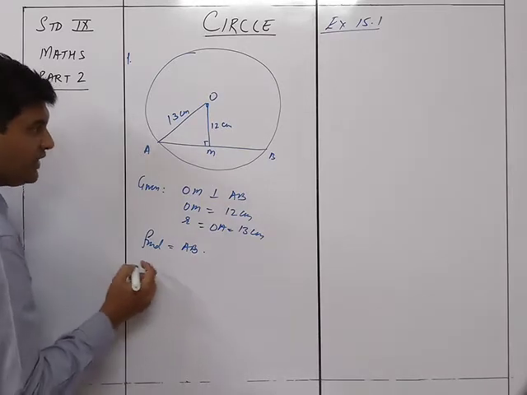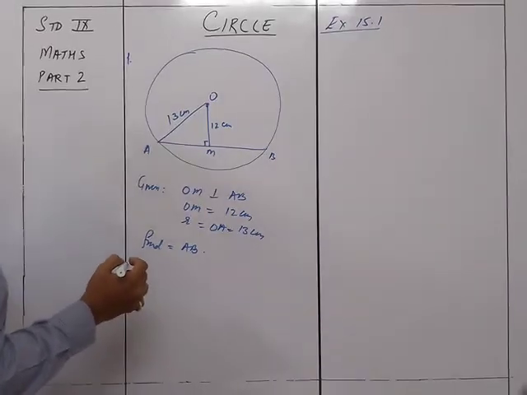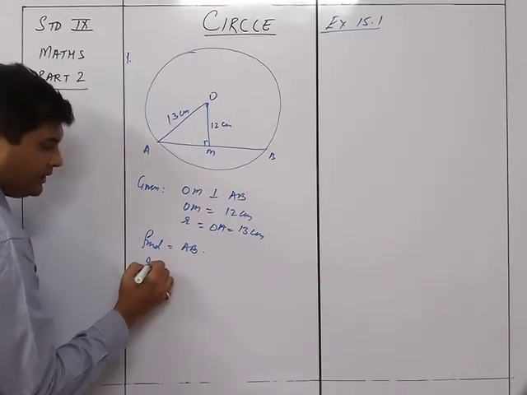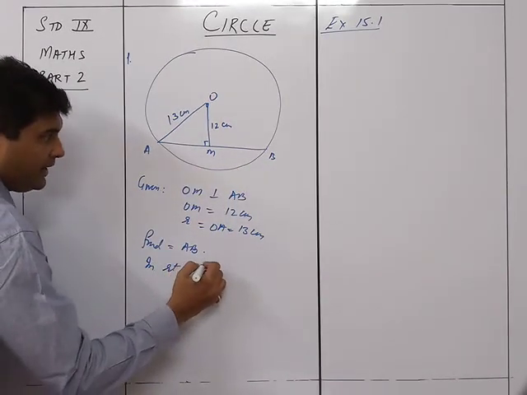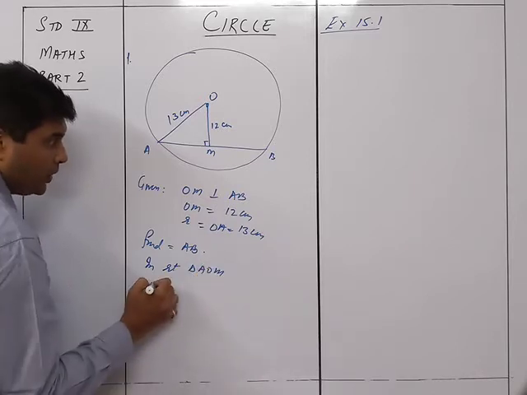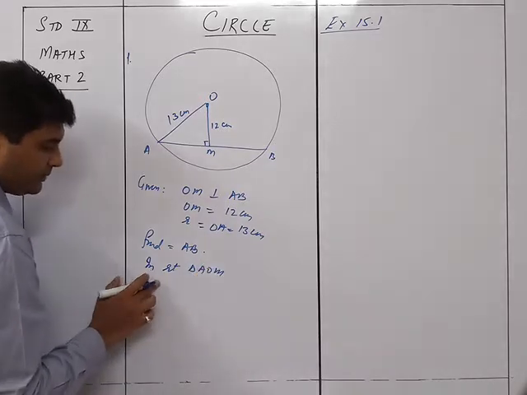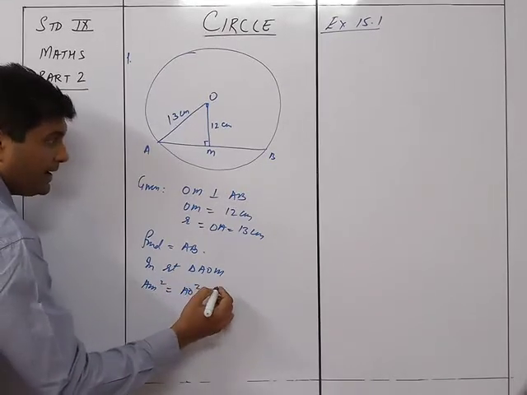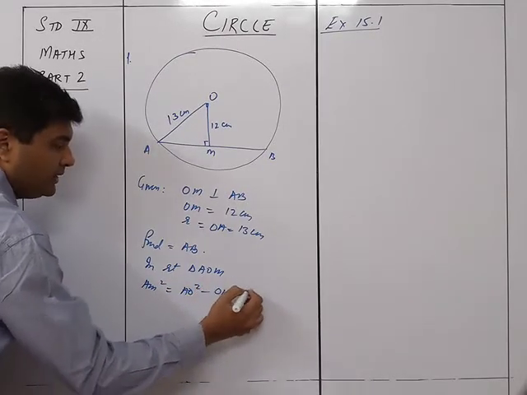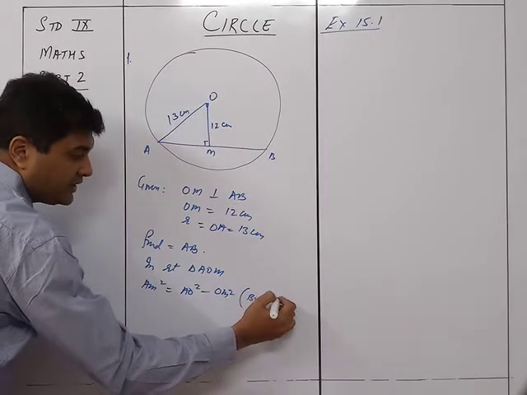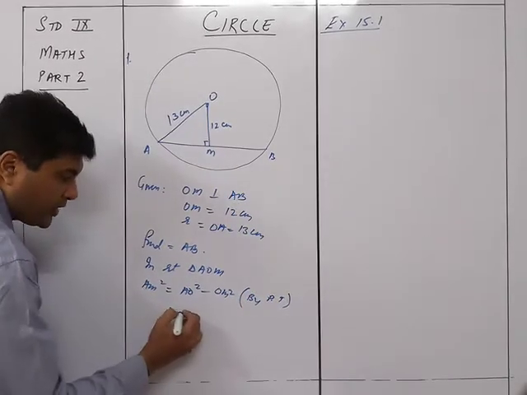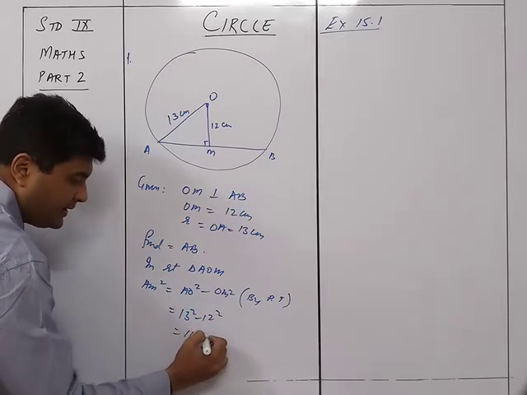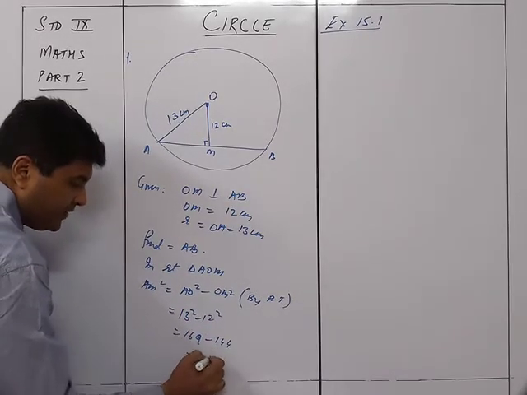First we will write that in right triangle AOM, AM square is equal to AO square minus OM square, by Pythagoras theorem. So that gives 13 square minus 12 square, which is 169 minus 144, that is 25.